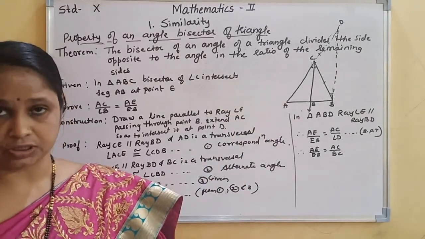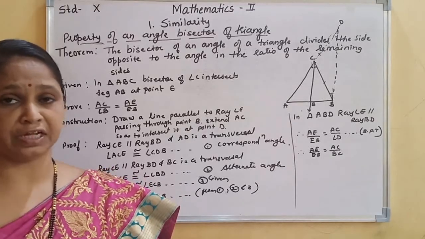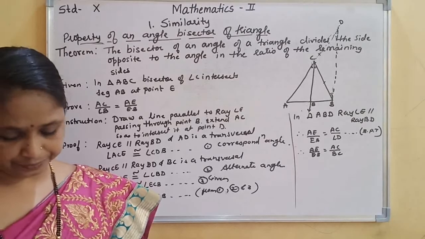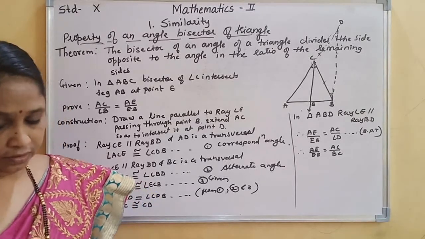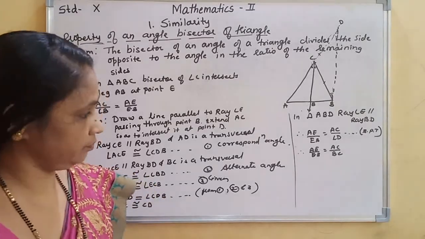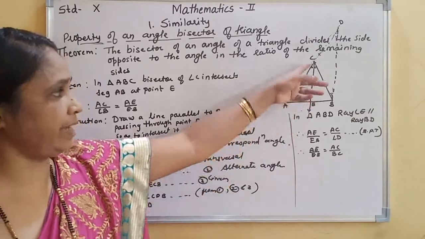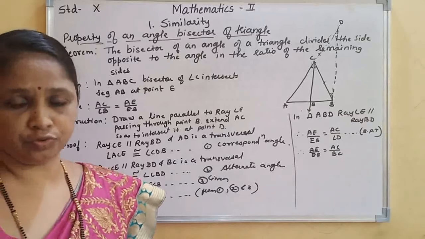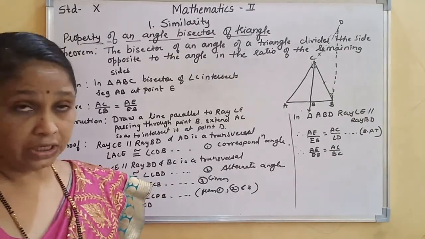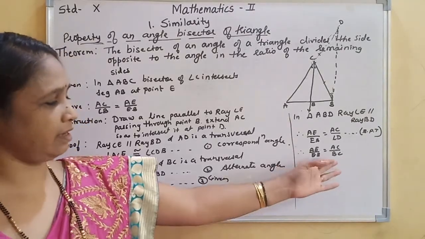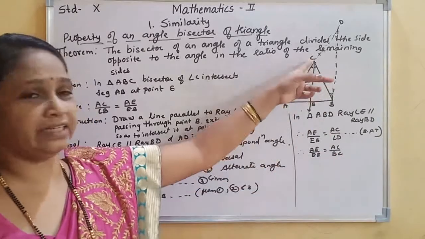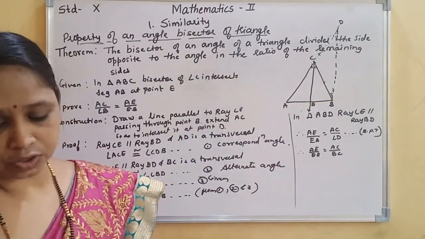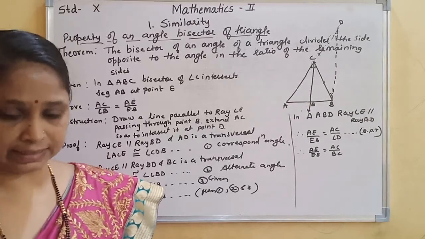Now, the converse of the angle bisector theorem: if it is a bisector, then the side divides in equal ratio. If the sides are divided in equal ratio, then the angle will be the bisector. That is the converse of the angle bisector theorem.